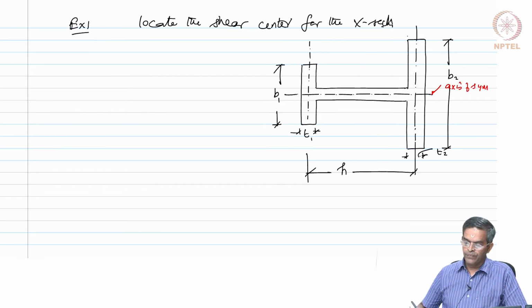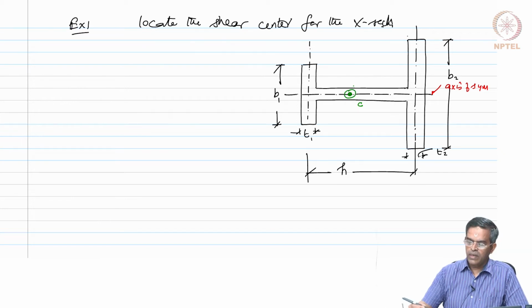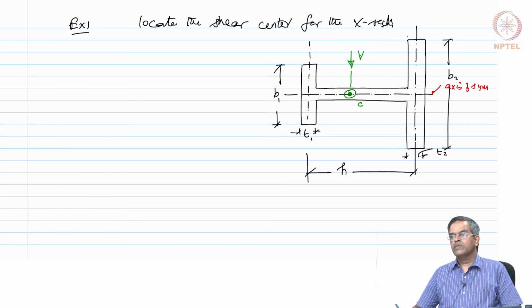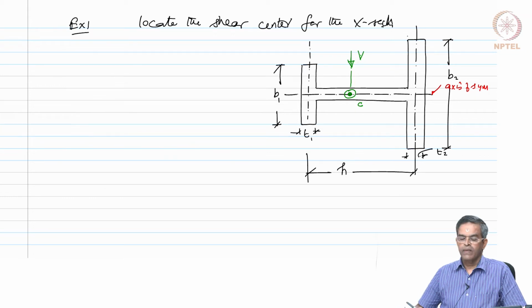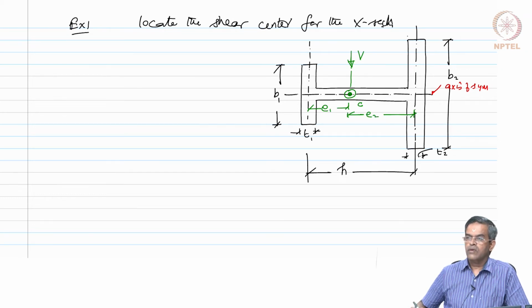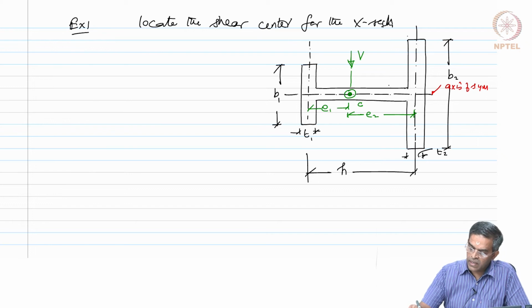Let us assume that the shear center is located here, where the external load V is acting to avoid twisting of this cross section. We call this distance of offset as e1 and e2. So, our job is to find either e1 or e2 because they are connected by a relationship. e1 plus e2 will be equal to h. Let us take this thickness of the section as t3.